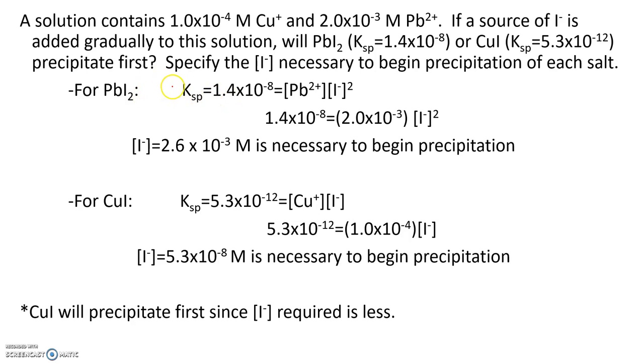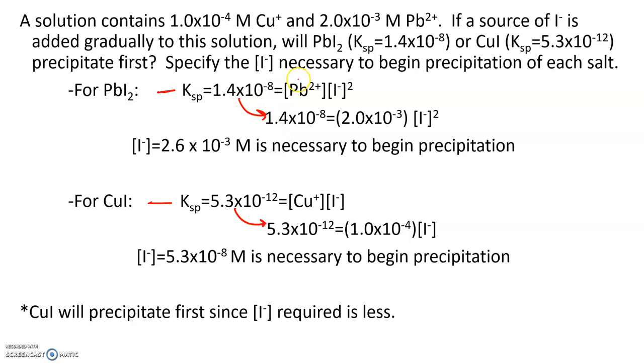So step one, as always, is to write the Ksp expression, which I did. The concentration of lead 2 plus times the concentration of iodide squared. And I did that exact same thing down here for your copper iodide. Then I'm going to plug in the Ksp value, which you were given in the question.